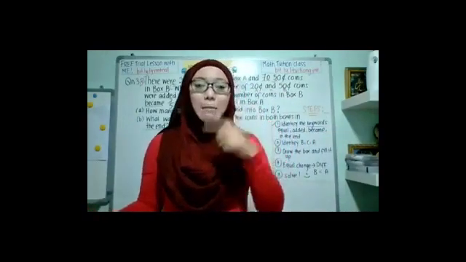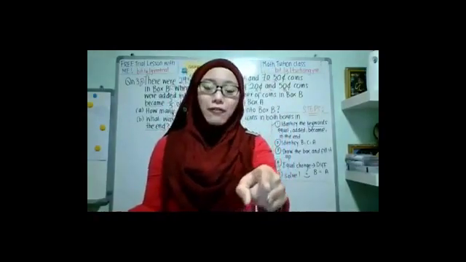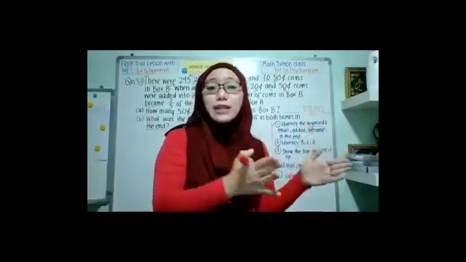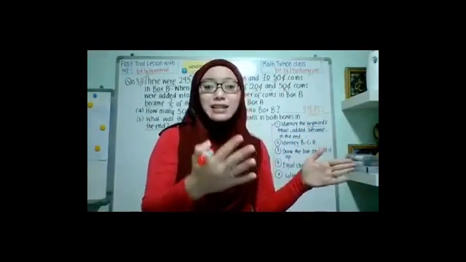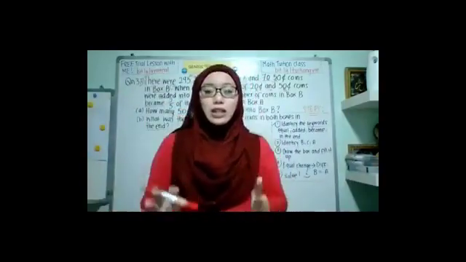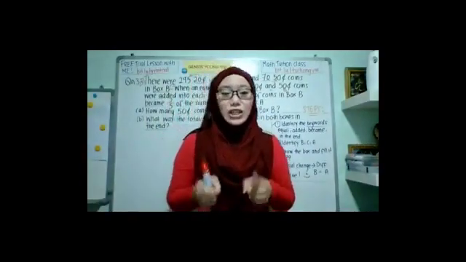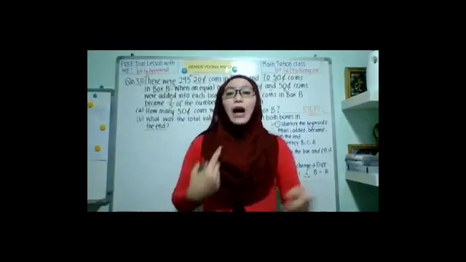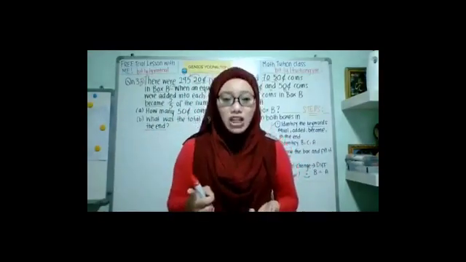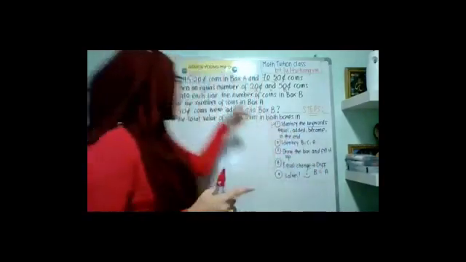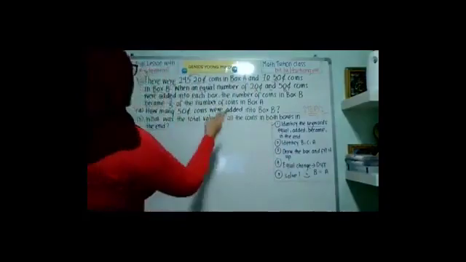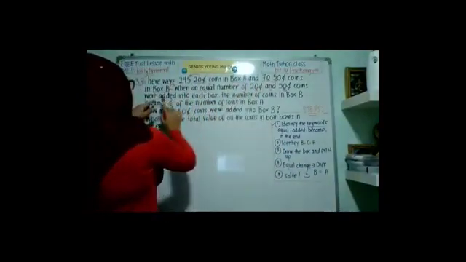Then 8 minus your 2 sweets left is 6. The difference at first between us is 6. The difference after both of us gave away 2 sweets each is also 6. So difference unchanged is when both items, both of us, undergo the same change, equal change. Clear? Okay?